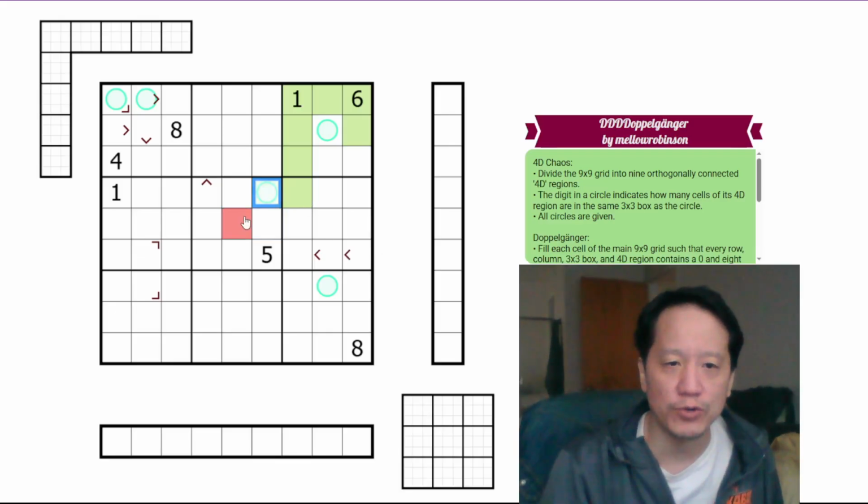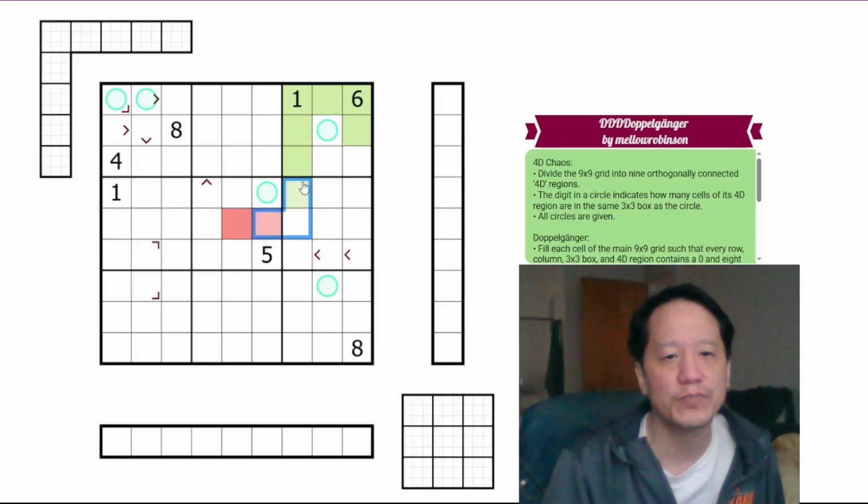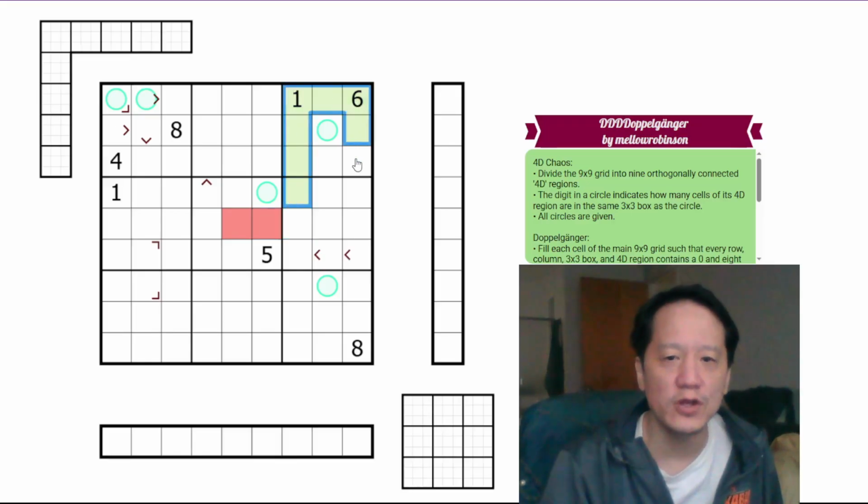This also would not be a valid region, because even though these can get to each other through an edge while staying within the region, they cannot get to the other cells in the region by going through just edges while staying within the region. You would either have to go through a corner or go outside the region to connect. So that's what it means to be orthogonally connected.